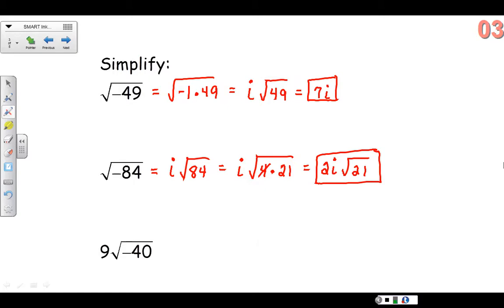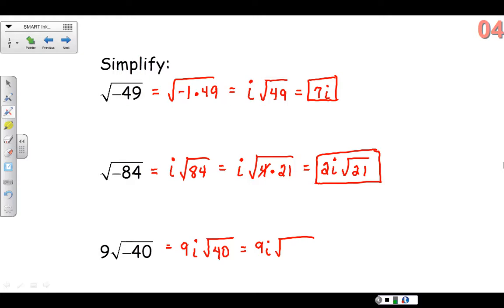All right, look at the next example: 9 square root of -40, same thing. The 9 is already out front, so I'm going to keep it out front. We're going to factor an I out to take care of the negative under the radical, and then I have the square root of +40. So then if I want to simplify that further, you have 9I, and a perfect square that we know will go into 40 would be 4.